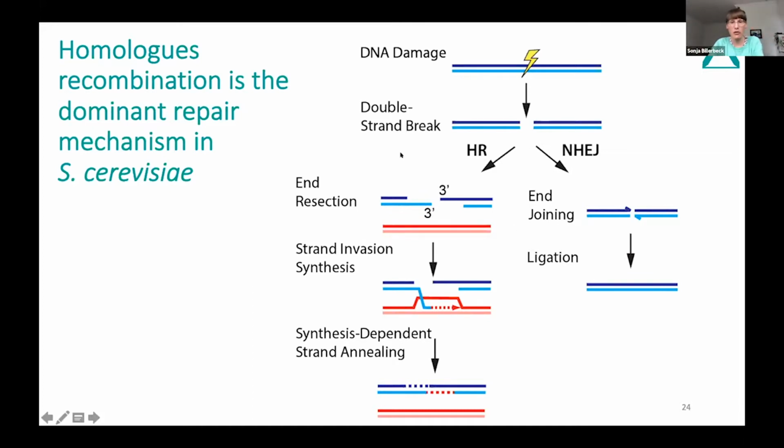But Saccharomyces cerevisiae, interestingly, predominantly uses homologous recombination as its repair mechanism. That means that the nicked ends look for a homologous region and then, through strand invasion and synthesis, repair this by homologous recombination.